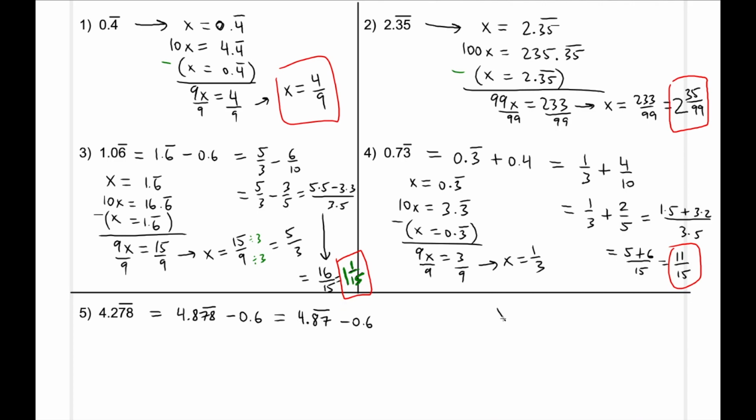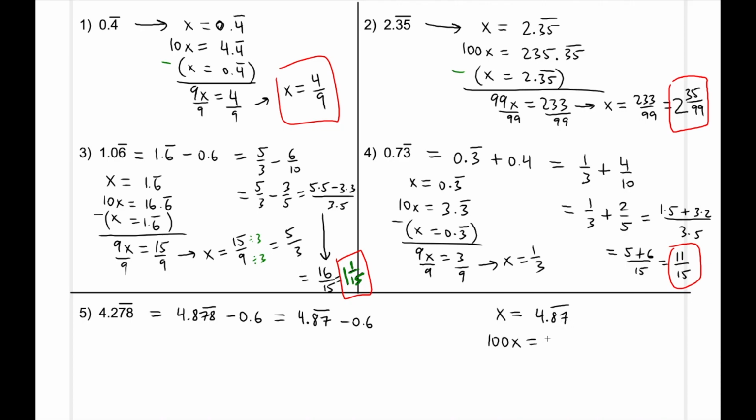We can easily work on x equals 4.87 bar because we already know from example number 2 how to solve it. You multiply both sides by 100, because here we have a decimal point and 2 digits in a string that's being repeated, so you want to bring the decimal twice to the right.